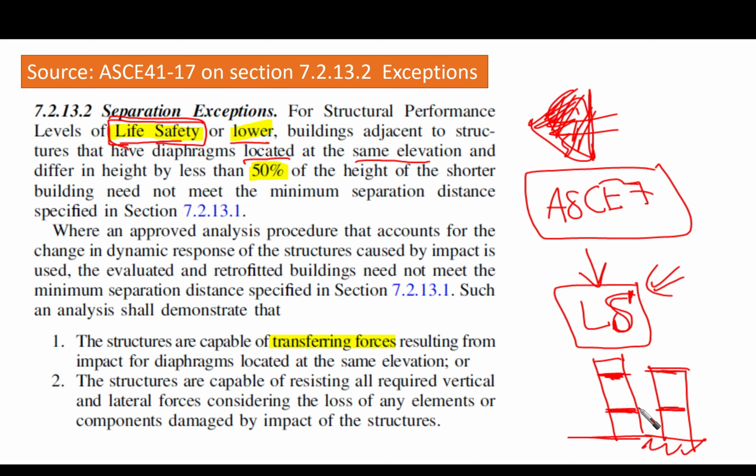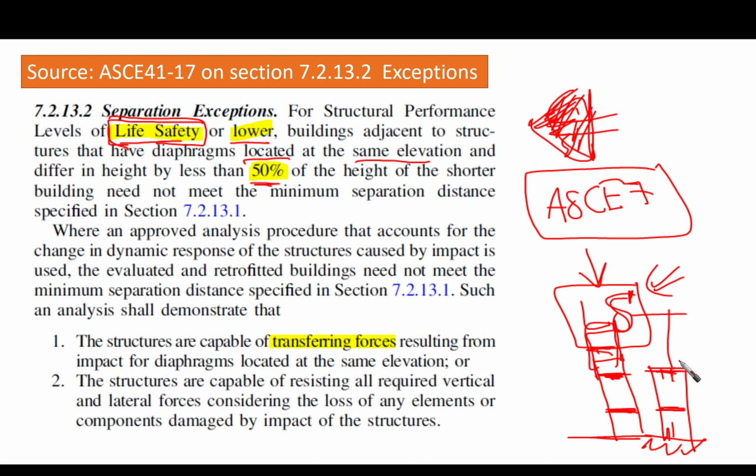So we are going to avoid the pounding of columns. If you remember, in the first slide I was talking about the pounding of columns. So if structures that have diaphragms located at the same elevation differ in height by less than 50% of the height of the shorter building, this means that one of the buildings is higher than another, but not by more than 50% of the height.